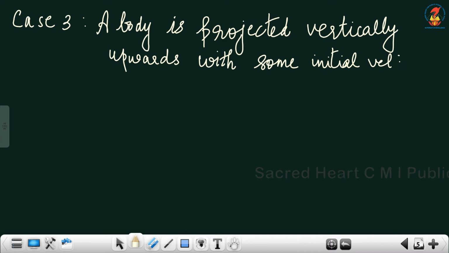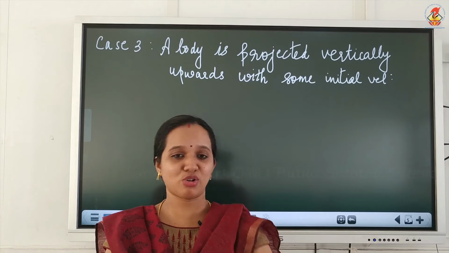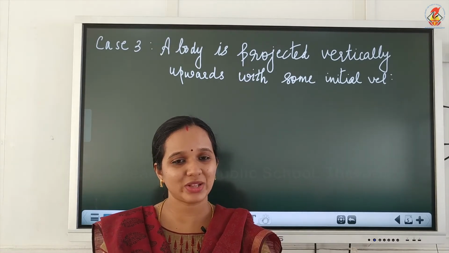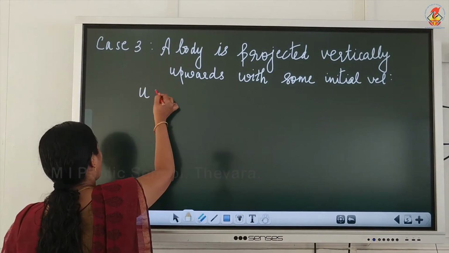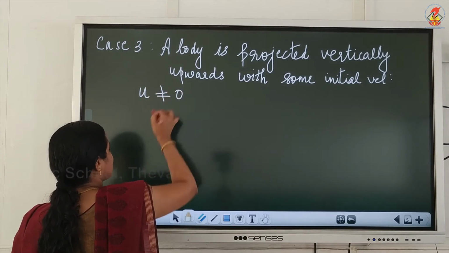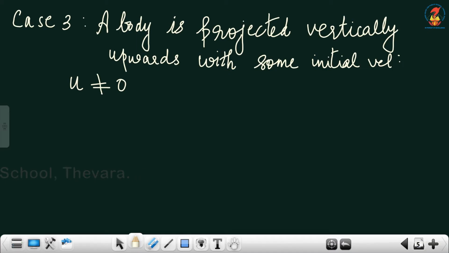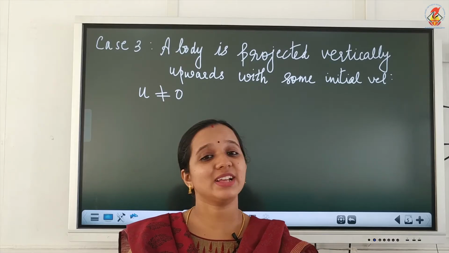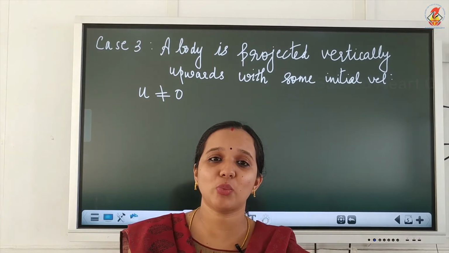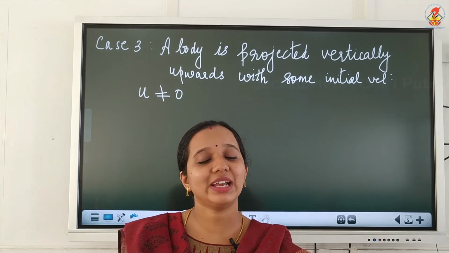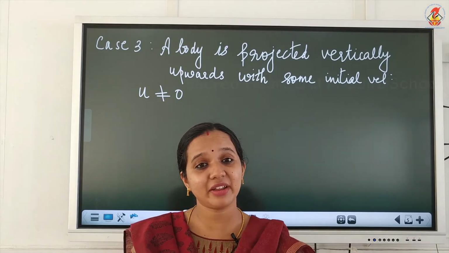As you throw a ball upwards, that is this case, throwing a ball upwards, the body is thrown vertically upwards with some initial velocity. So in this situation also, the body is having some initial velocity, so u is not equal to 0. And in this case, the body is ascending upwards, the body is moving up. As a body moves upwards, its velocity will decrease and hence its acceleration will have a negative sign.